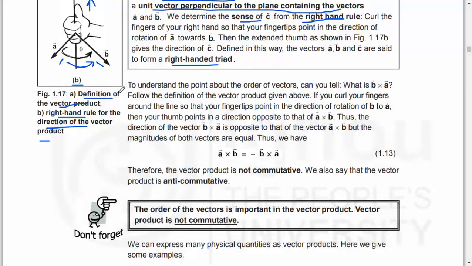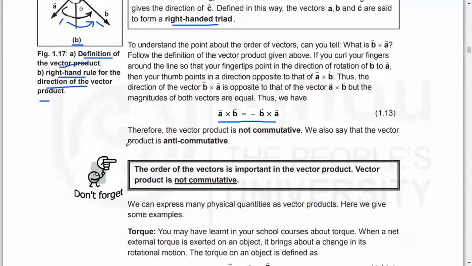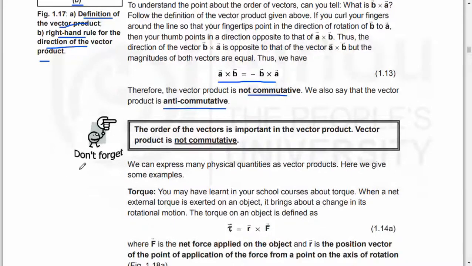Thus, we have A cross B equal to minus B cross A. Therefore, the vector product is non-commutative. We also say that the vector product is anti-commutative. Don't forget, the order of the vectors is important, as the vector product is not commutative.